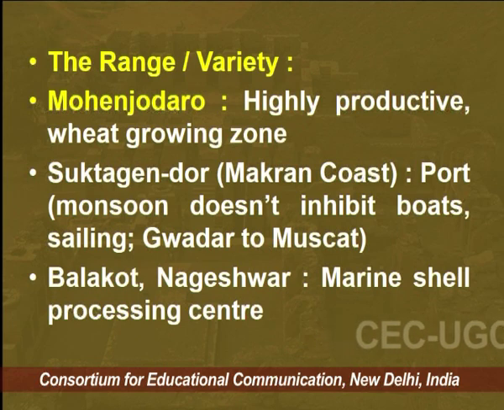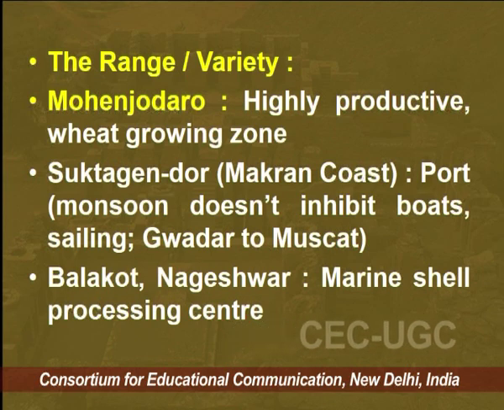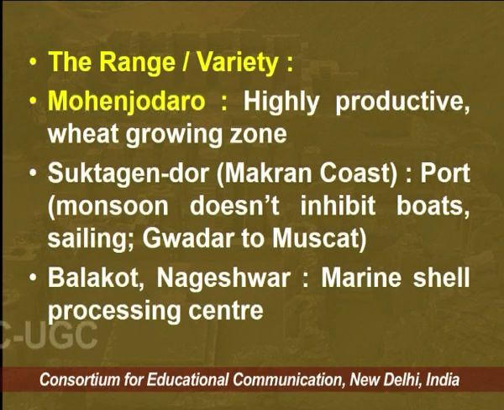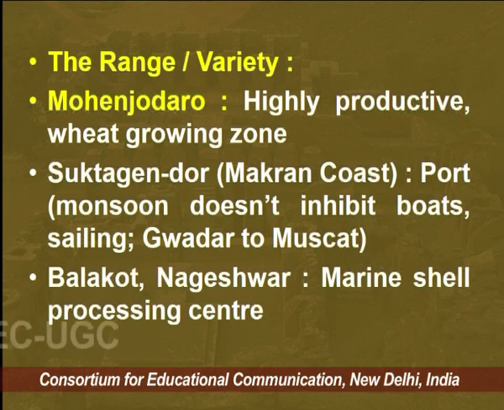On the one hand, we have a site like Mohenjo-daro, which comes across to be situated in a highly productive area in terms of fertility, in terms of closeness to a perennial source of water, riverside, and therefore it happens to be a major wheat growing zone as well.